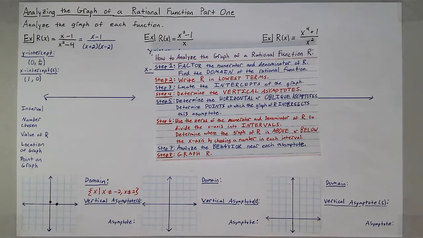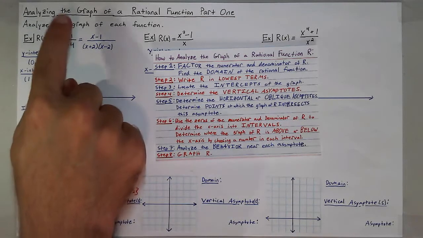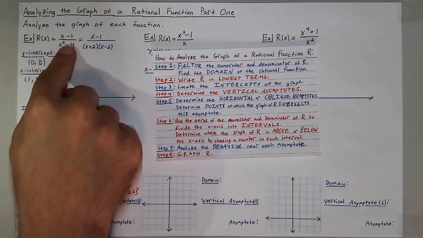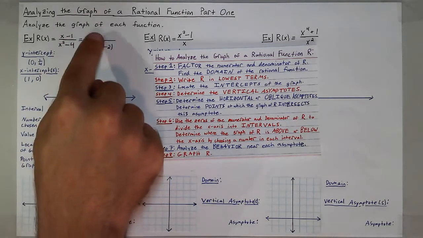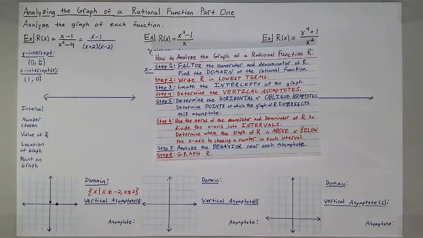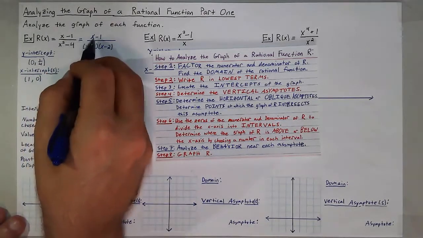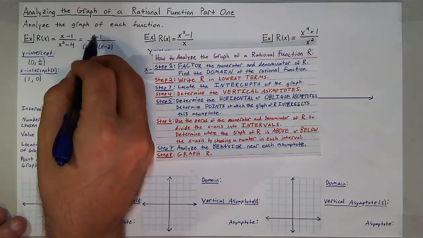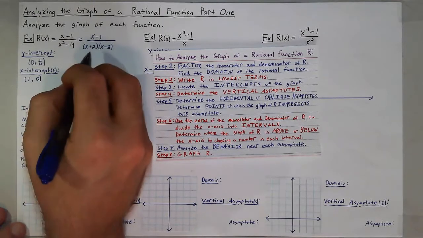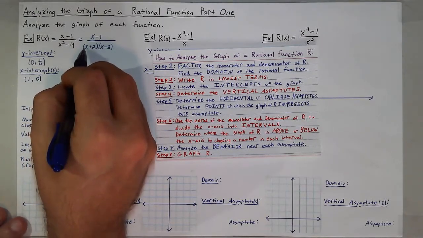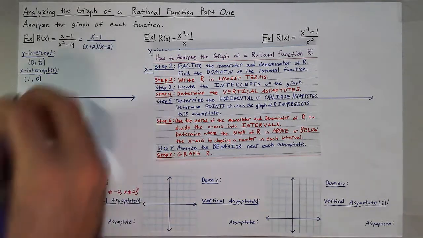And if you want to know how it behaves around that point, what you can do is plug 1 into your formula, but in every factor besides the x minus 1. And whatever formula you get, that's how it behaves at that x-intercept. So if I were to plug in 1 everywhere besides x minus 1, I would get x minus 1 over 1 plus 2 times 1 minus 2.